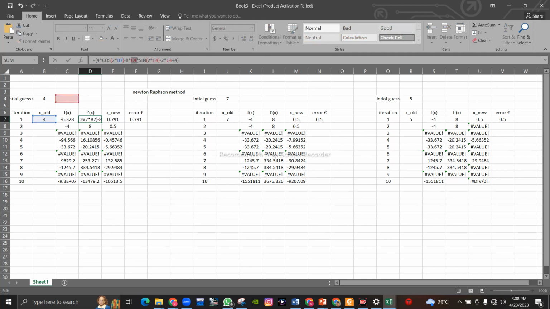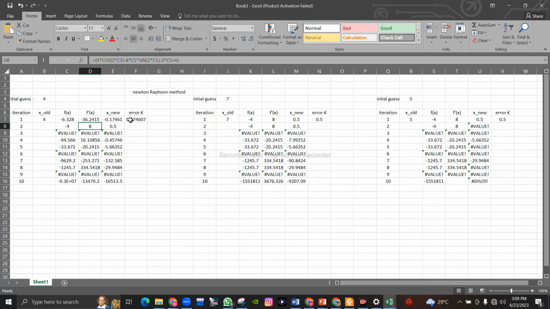I'm changing the formula because this is what we need. We need this B7. The initial guess is now here, B7, and then B7, and then B7. So that's our initial guess.